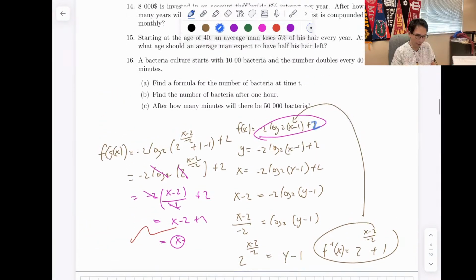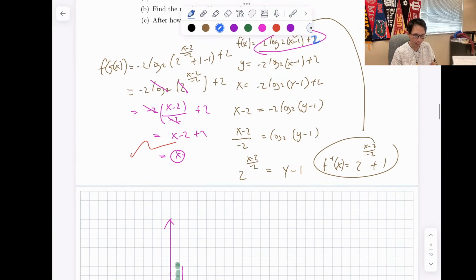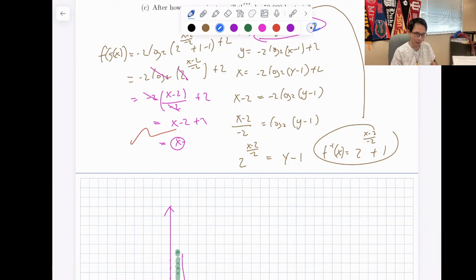Does that make sense? Okay, so now you can graph this one. It's basically just move right 2, but there was a negative 2. What does negative do to the graph? It inverts it, so instead of going this way, it's going to go this way.